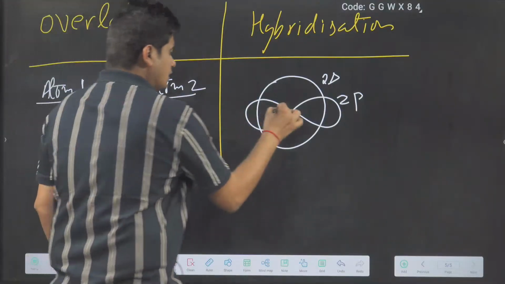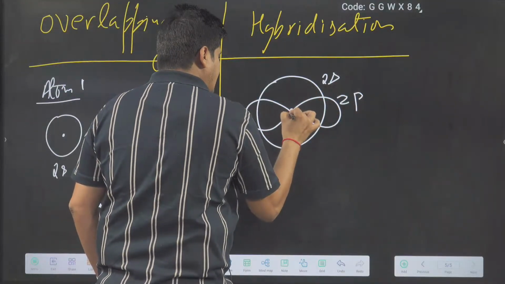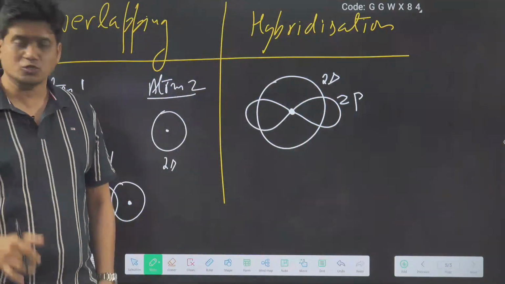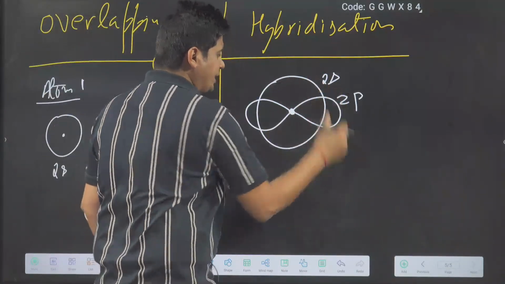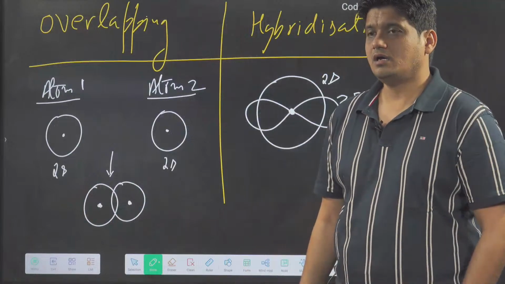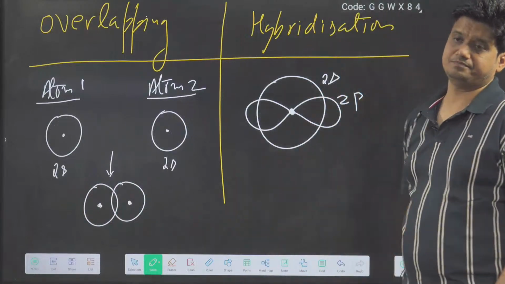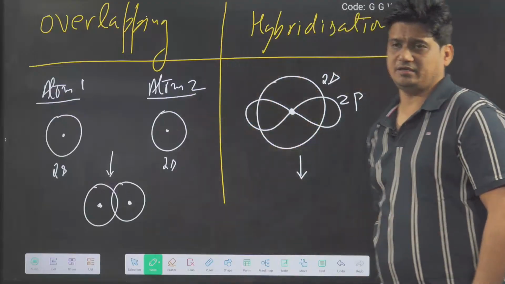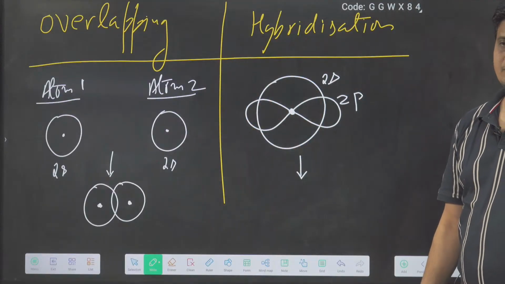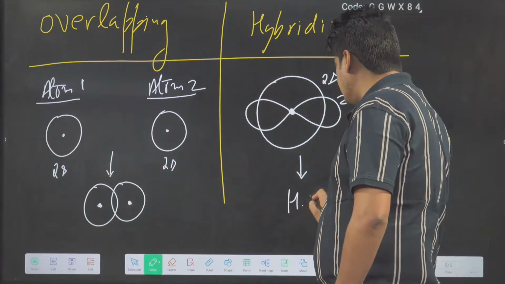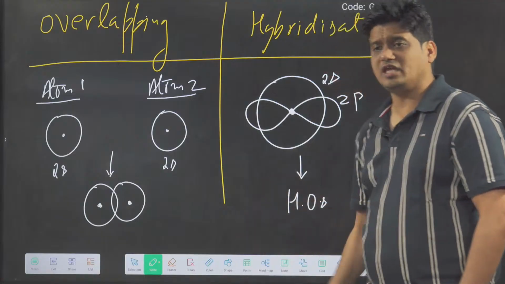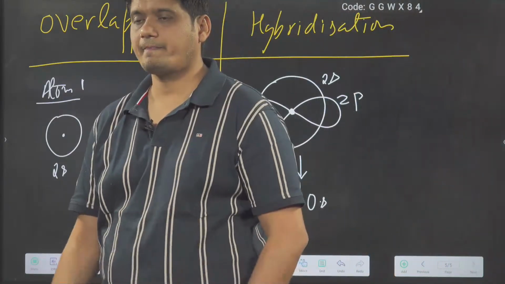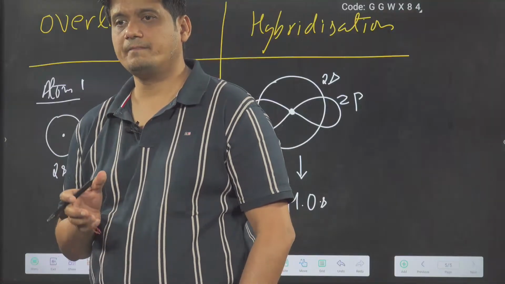Here you can check, both 2s and 2p are related with the same nucleus. So the 2s orbital and 2p orbital of the same atom intermix, and they will give you hybrid orbitals. This phenomenon is hybridization. Is the logic clear or not?